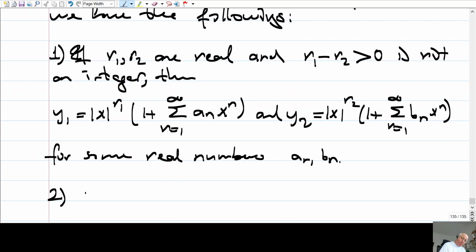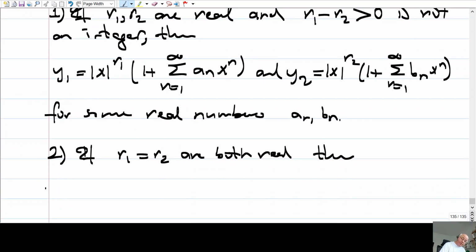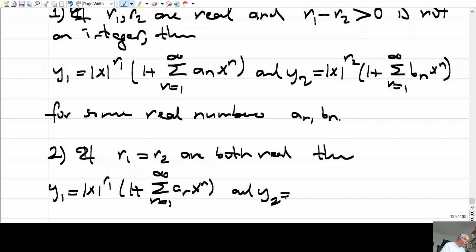Now first let me consider the case R1, R2 both real. Then y1 has the same form, but y2 has the following form.